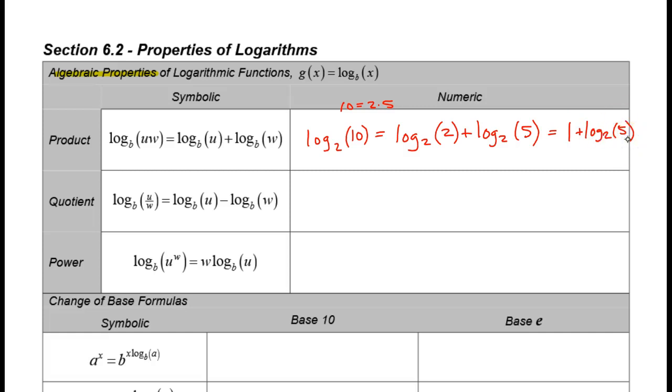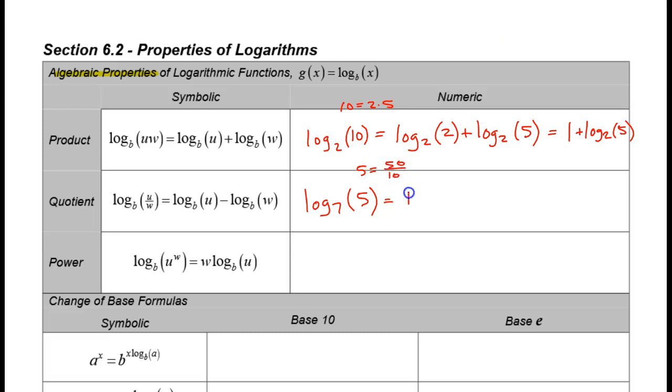All right, next example is the quotient rule. Log base b of the quotient u and w is equal to log base b of u minus log base b of w. So let's take a look at this one. How about an example here like the log base 7 of the number 5. Well, 5 I could rewrite as 50 divided by 10.